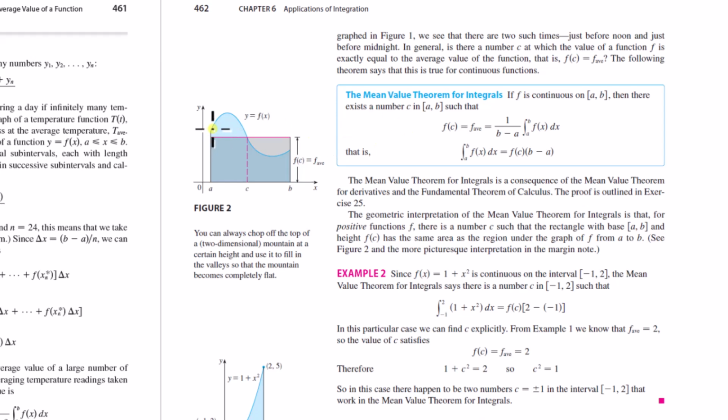If you have a function that's positive for all a to b, then the area under the curve from a to b is equal to the area under a rectangle that's equal to the function evaluated at some point c times the interval b minus a.